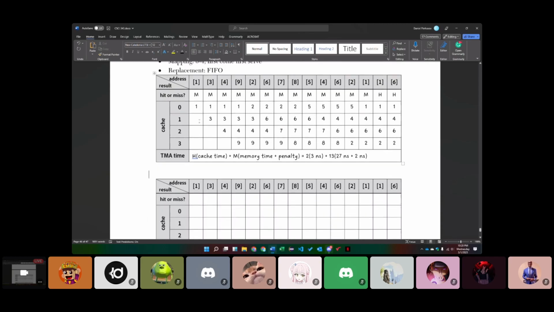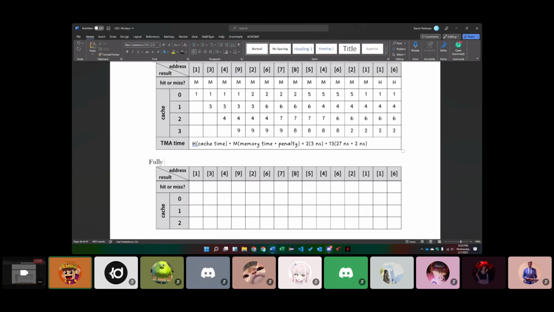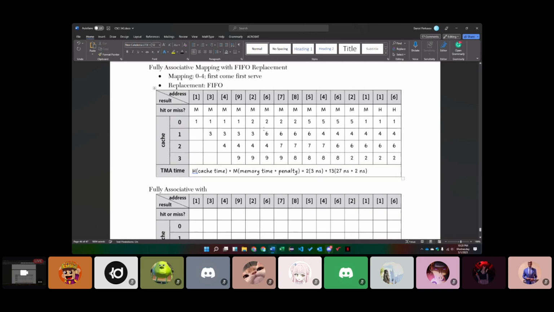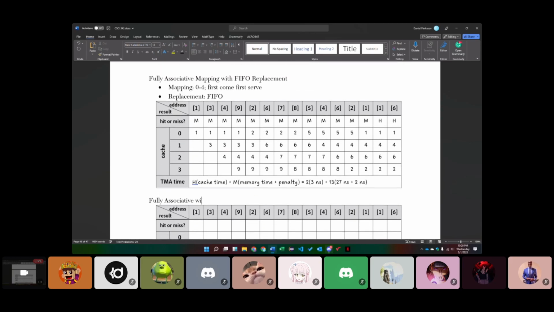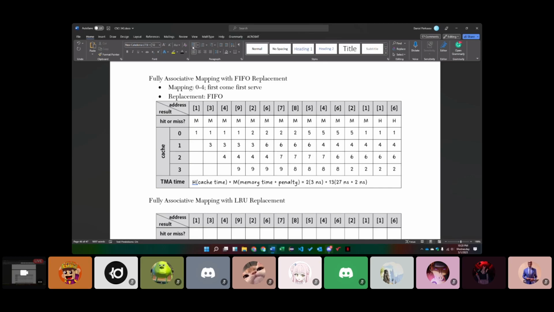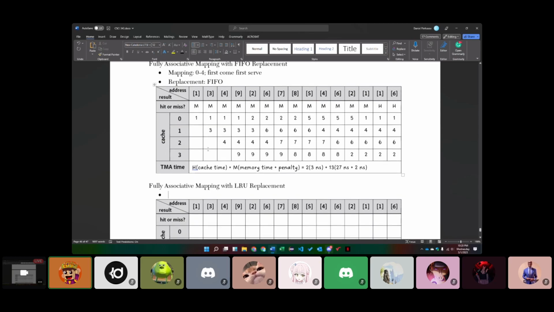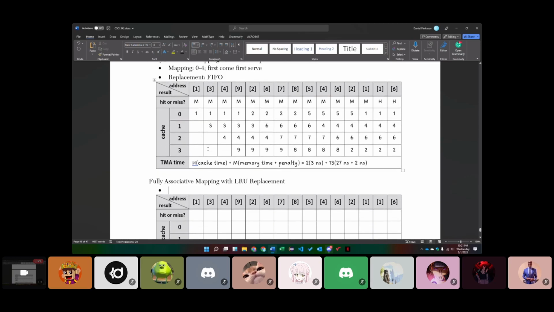Alright. Now it's fully associative. Next one is LRU replacement. Just means the address that was least recently used.